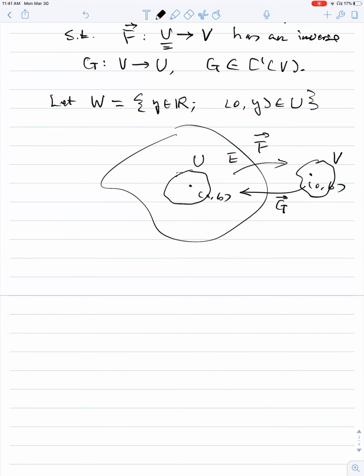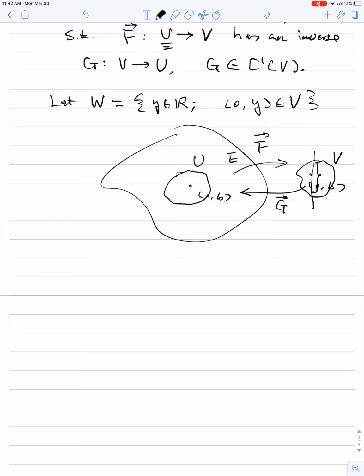Now we let W. I made a mistake here. This should be V. So W here is when x equals 0.